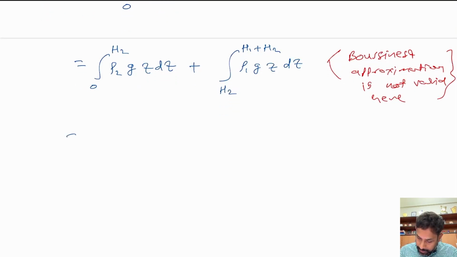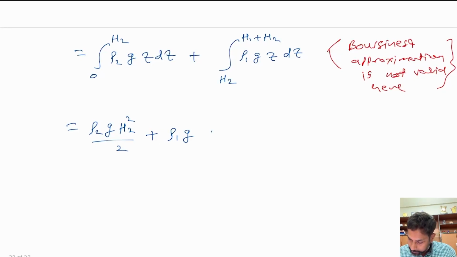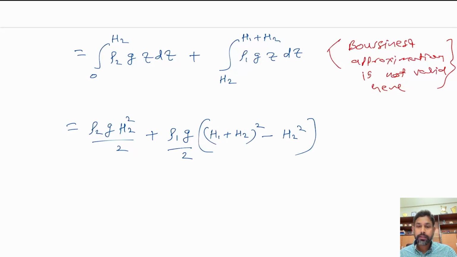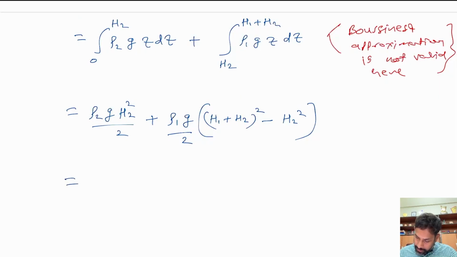And that is why this equation will become rho 2 g h2 square over 2 plus rho 1 g times (h1 plus h2) square minus h2 square, divided by 2. So this is what we should get before mixing.